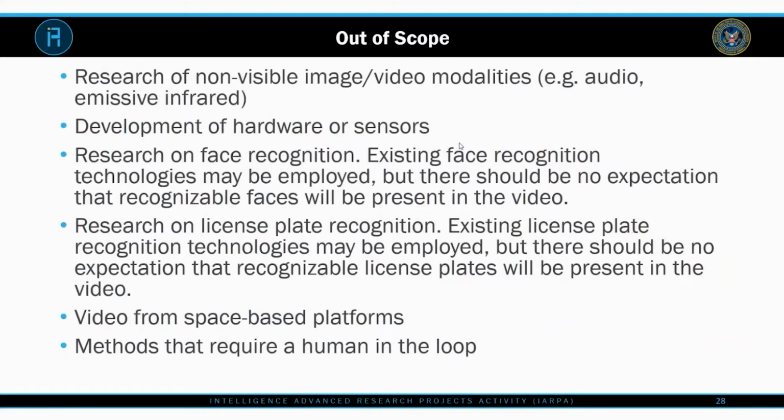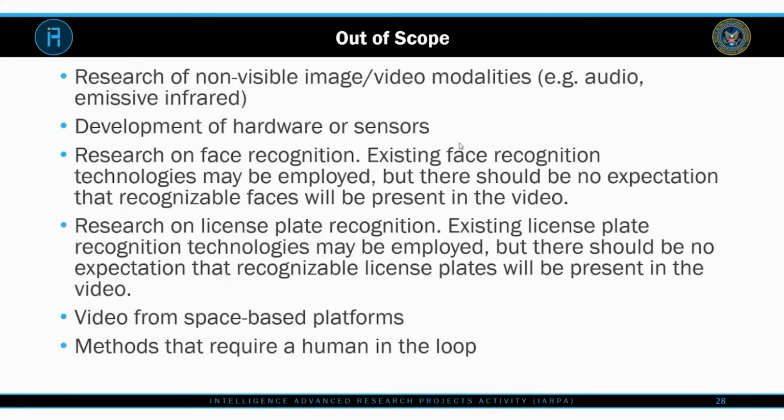Research of non-visible image or video modalities, such as audio or emissive infrared, is out of scope. Development of hardware or sensors is also out of scope. Video LINKS will not be performing research on face recognition. Existing face recognition technologies may be employed, but there should be no expectation that recognizable faces will be present in the video.